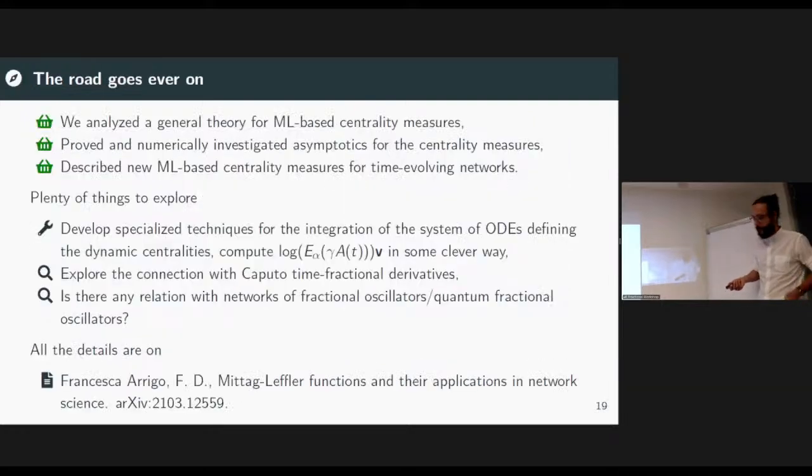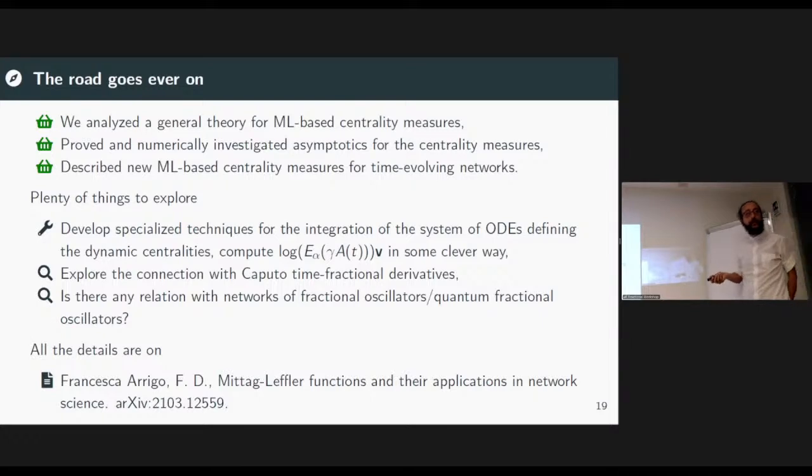Let me wrap up because I've surely gone out of time. So what are the things that we still want to do? Well, there is a clear connection between Mittag-Leffler function and Caputo time fractional derivatives.